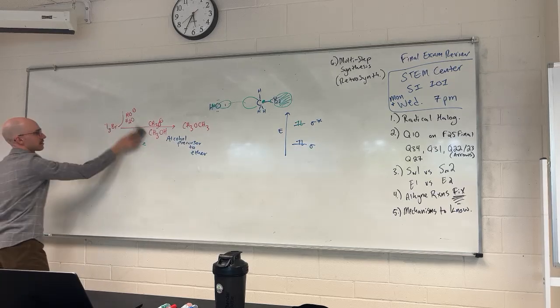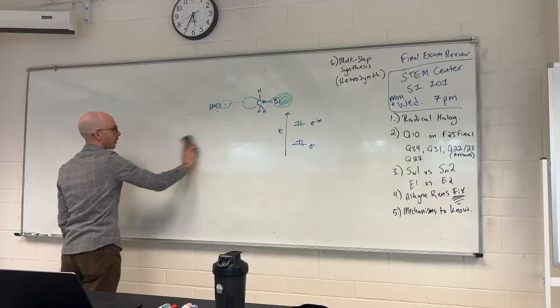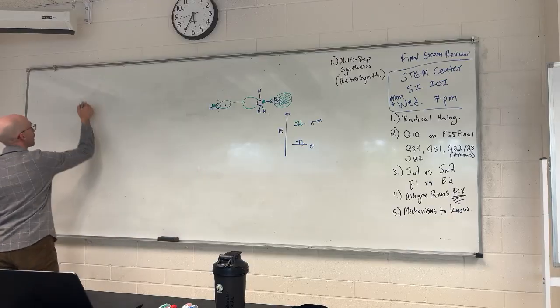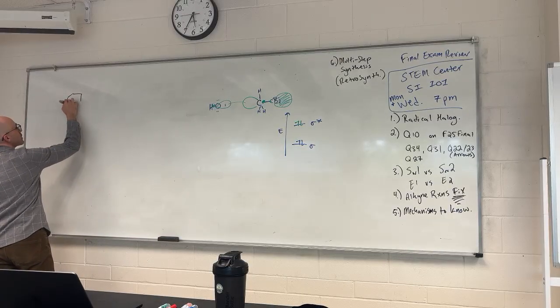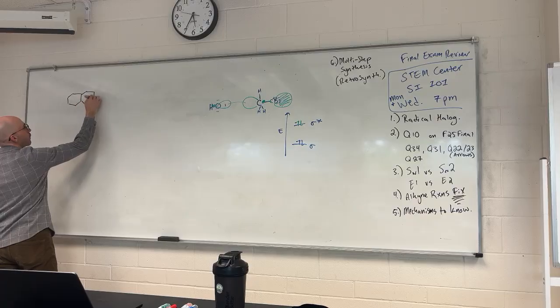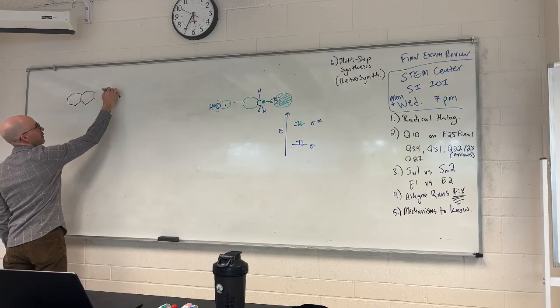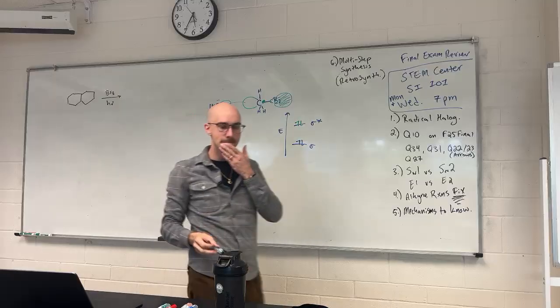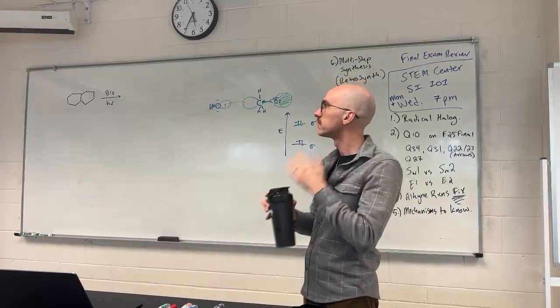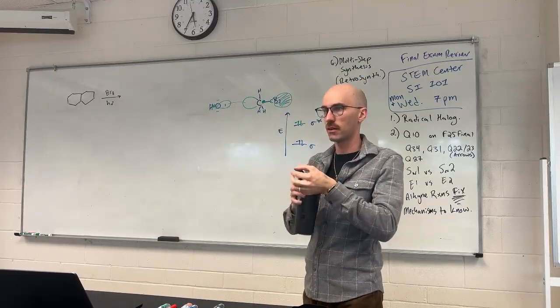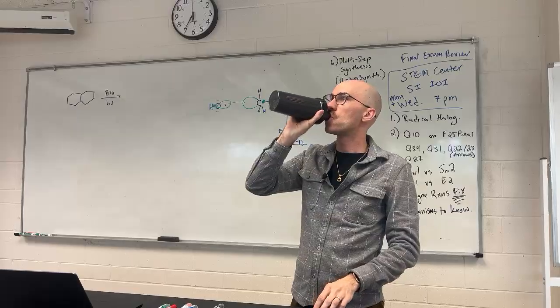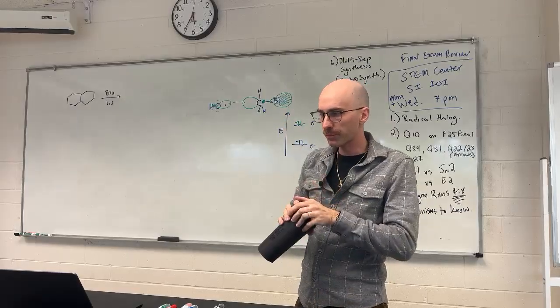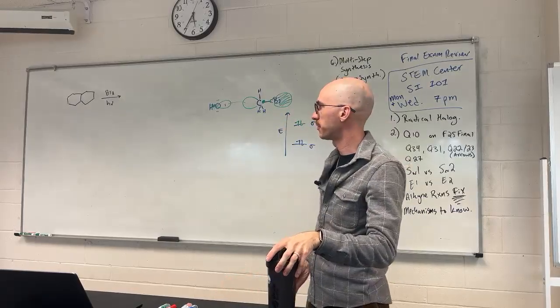What happens if I try to run radical halogenation on something a little bit bigger? A bicyclic structure.